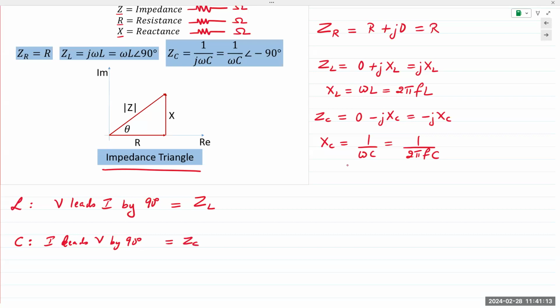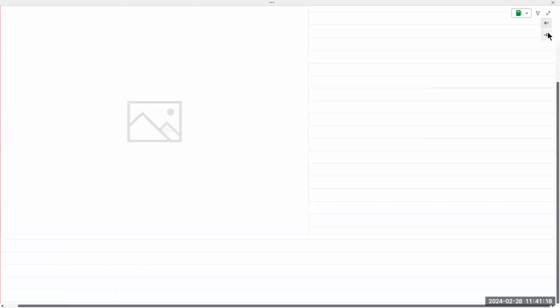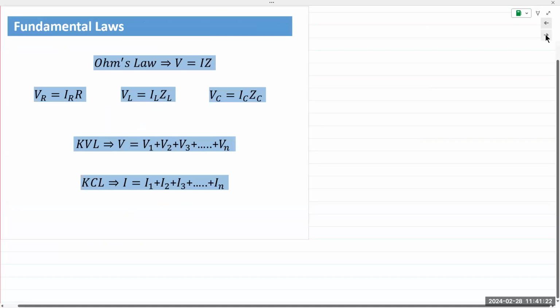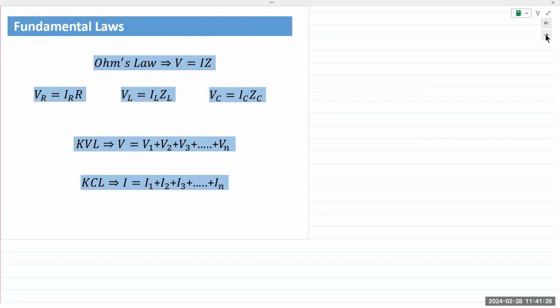Actually, let's go over to that slide and I'll come back to this point after that, because it'll make more sense after I show this. So, fundamental laws: Ohm's law, KVL, KCL, all the current laws, the voltage laws, superposition, mesh current analysis, node voltage analysis, everything still works exactly the same as it did for DC analysis, except the math now uses complex numbers. So Ohm's law is V equals IR.